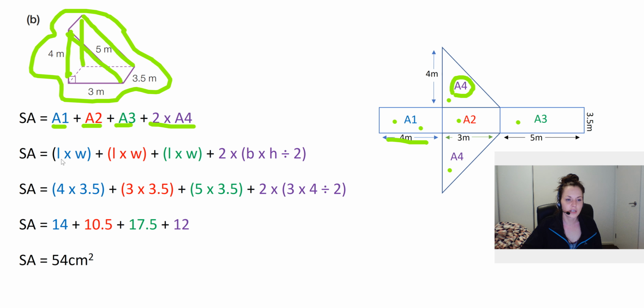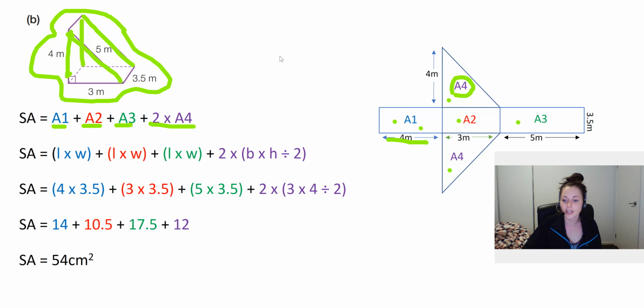So I've color coded this. Surface area equals length times width of rectangle 1 plus the length times the width of rectangle 2 plus the length times the width of rectangle 3 plus 2 times the base, which is 3 meters, times the height divided by 2.